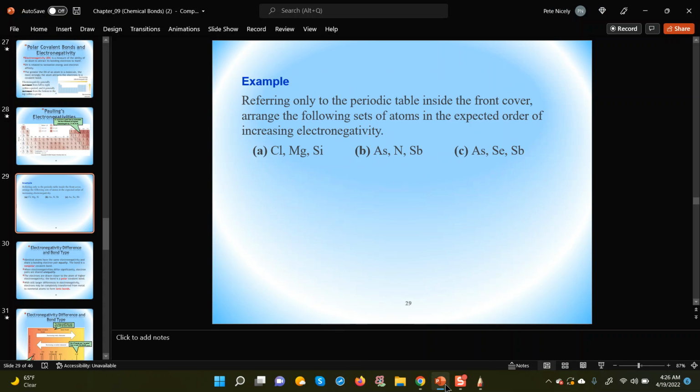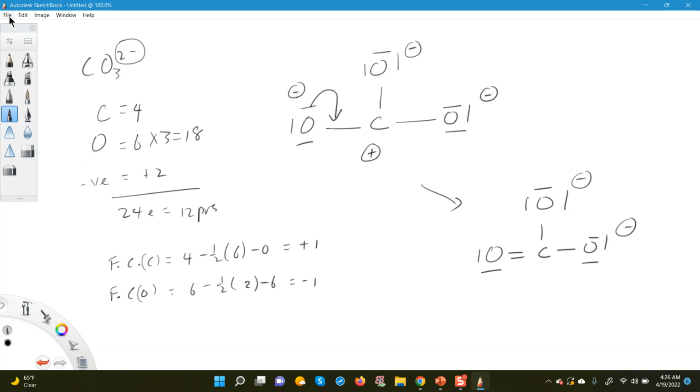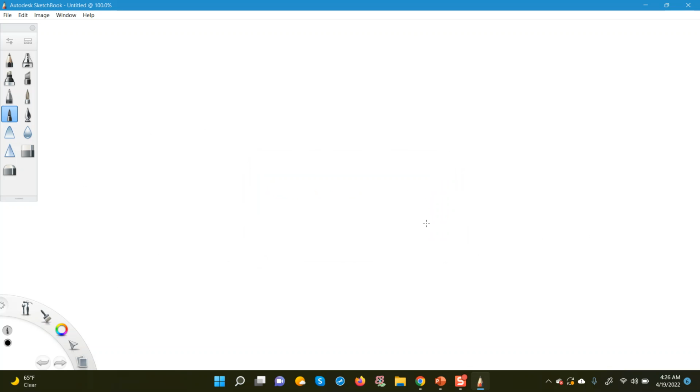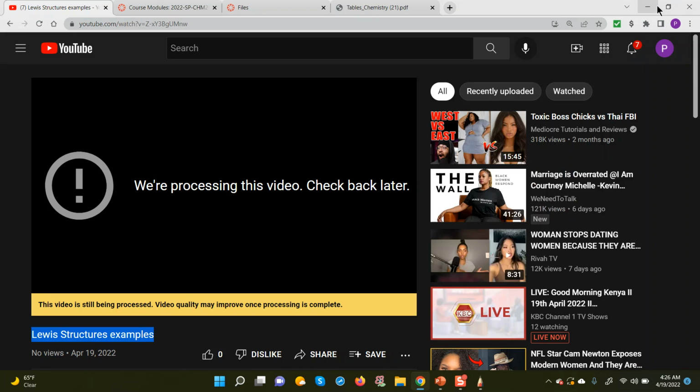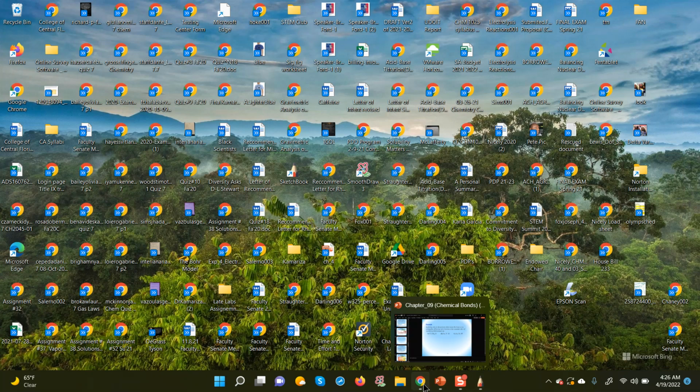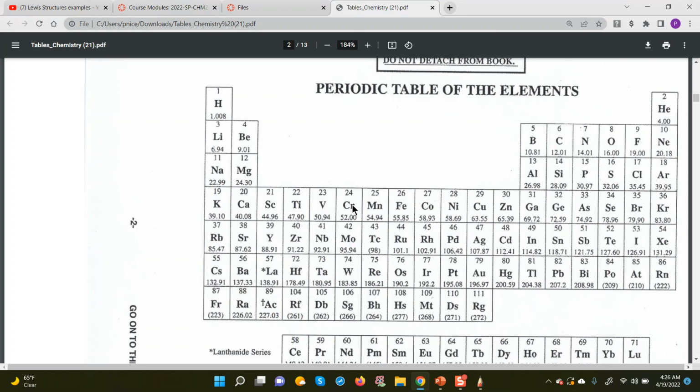So let me get to my writing pad here, and let me write down the elements, which would be chlorine, magnesium, and silicon. If you consult the periodic table, you'll see that the three elements are in the same period.